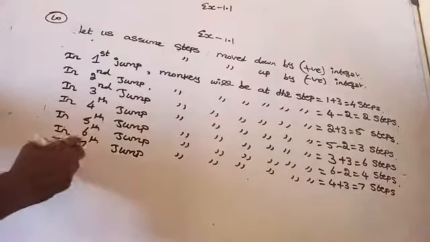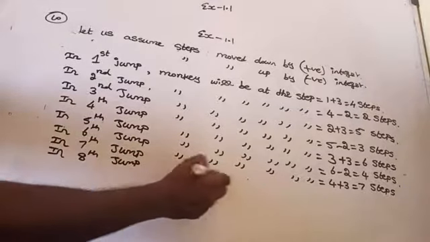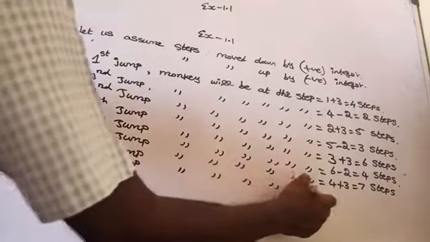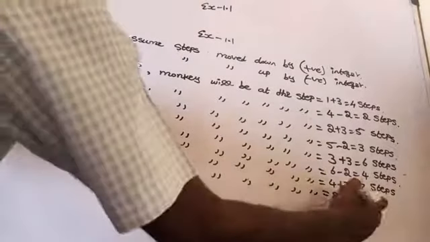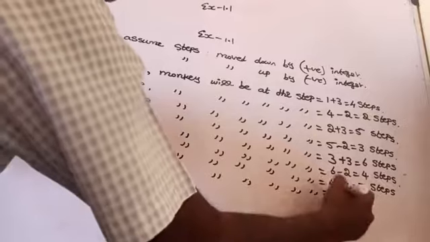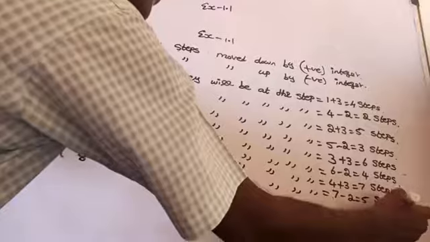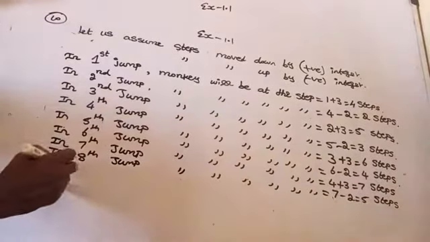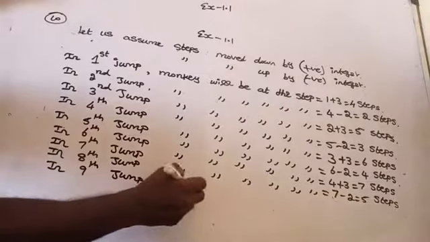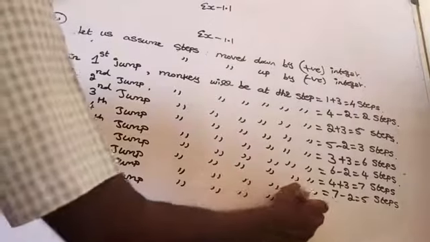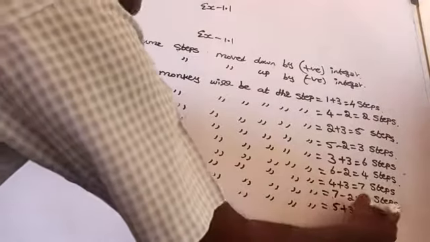Now in the eighth jump, it moves 2 steps up, then it will be 7 minus 2, that is what, dear? 5 steps. Am I right? So in the ninth jump, it comes 3 steps down, then 5 plus 3, that is 8 steps.